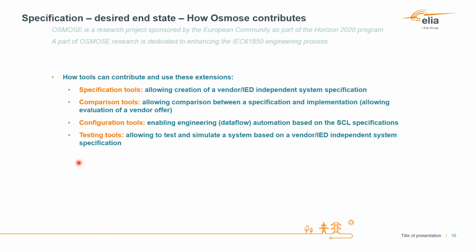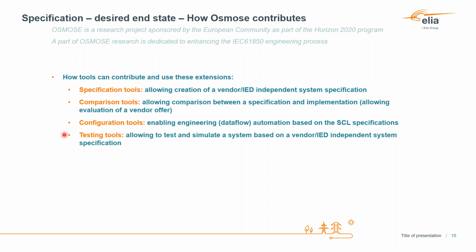Configuration tools can now also use the data flow that we include in our specification to implement it in an automated way. So if we already provide a specification with included data flow, a configuration tool can now use this specification to automate the data flow between real IEDs.